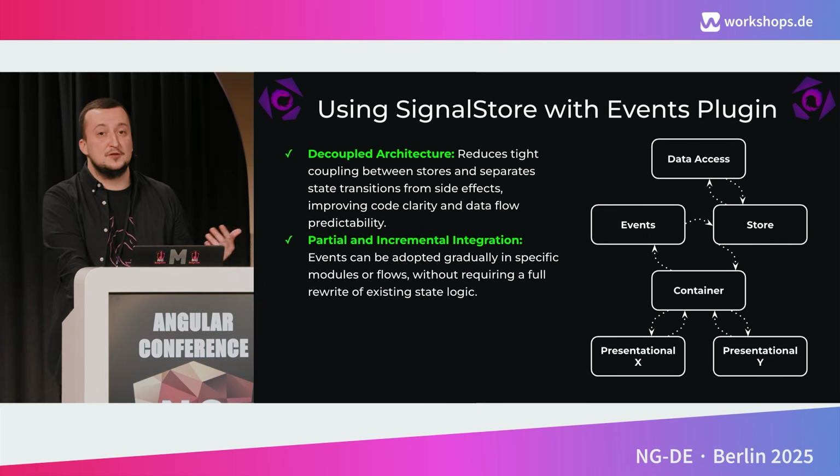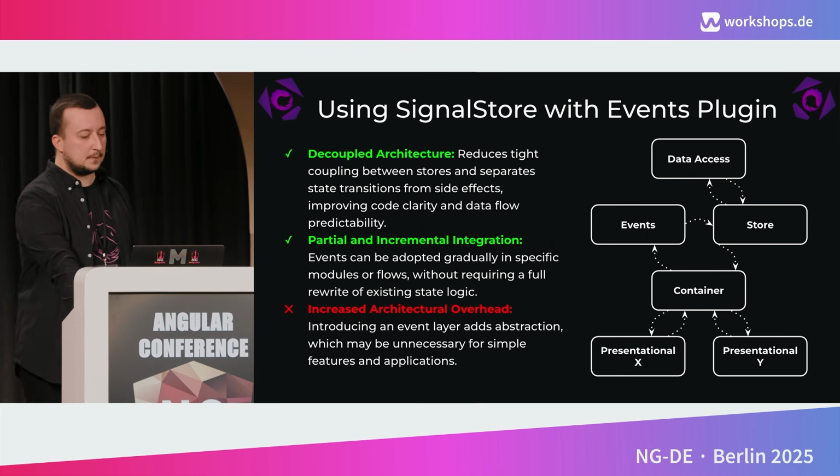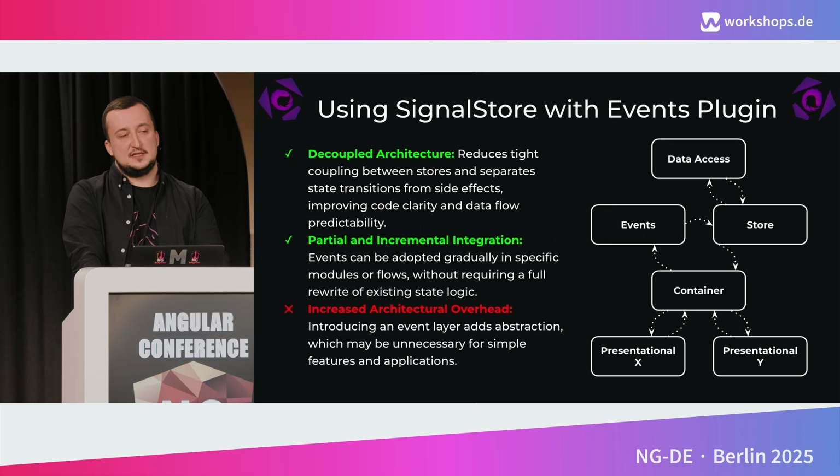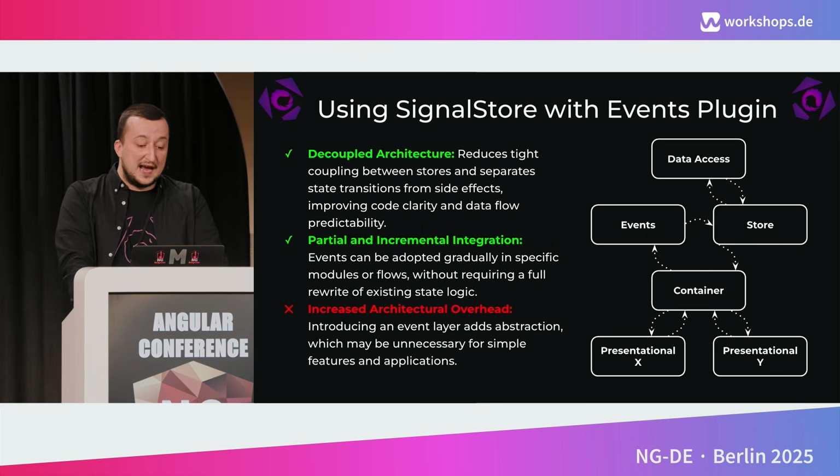Events plugin can be also very useful if you want to migrate from global NgRx Store to the SignalStore, right? Potential disadvantages: increased architectural overhead. So introducing an event layer adds abstraction, it introduces this layer of indirection, which may be unnecessary for simple features and applications.